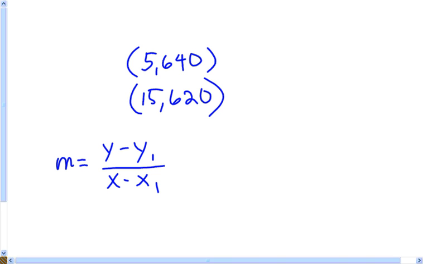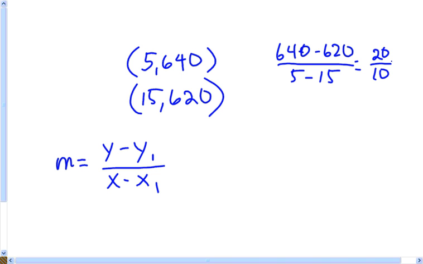We can do 640 minus 620 divided by 5 minus 15. And that's equal to 20 over negative 10, which is negative 2.